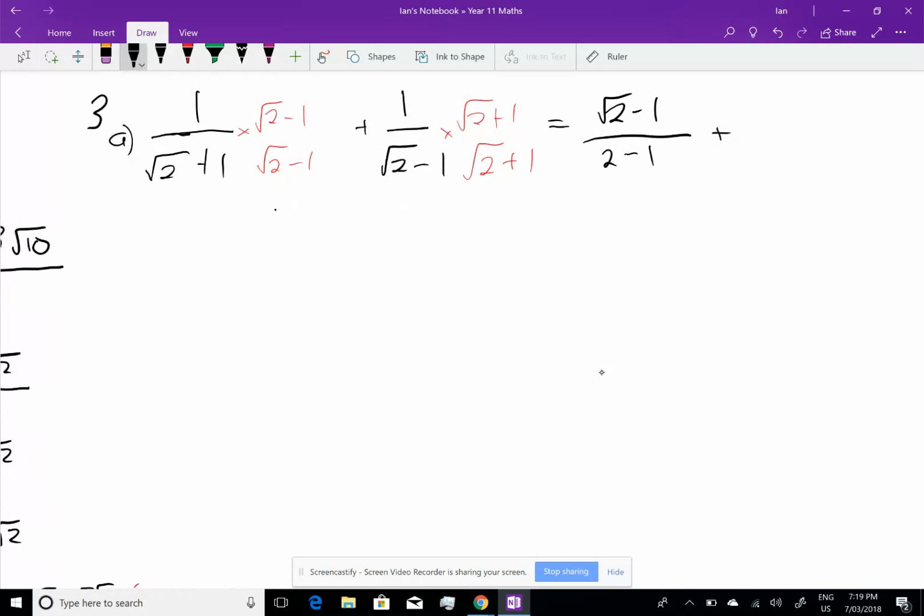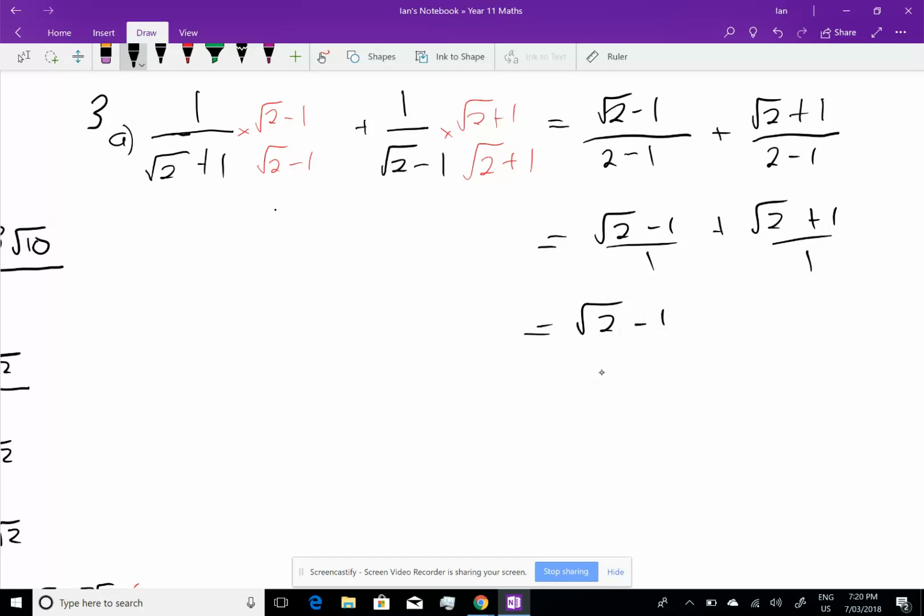Then I get plus, well, 1 times that is root 2 plus 1. Root 2 squared is 2 minus 1. And I'm really lucky because I get root 2 minus 1 plus root 2 plus 1 on 1 on 1. Well, that's just root 2 minus 1 plus root 2 plus 1.